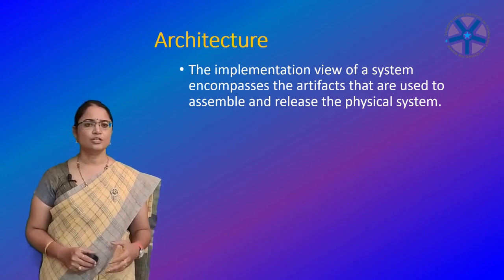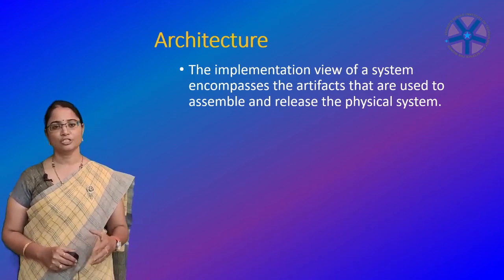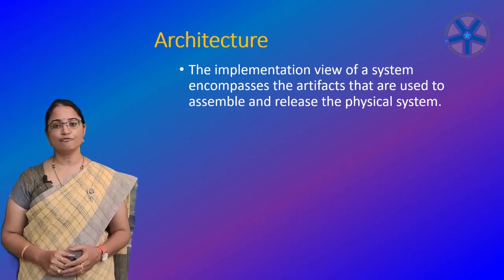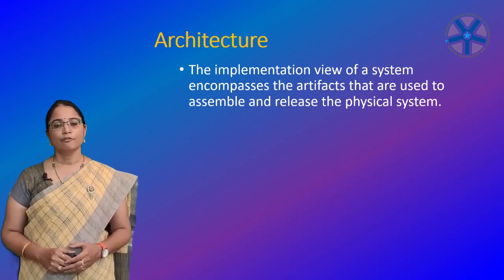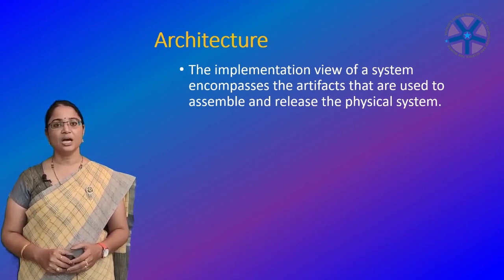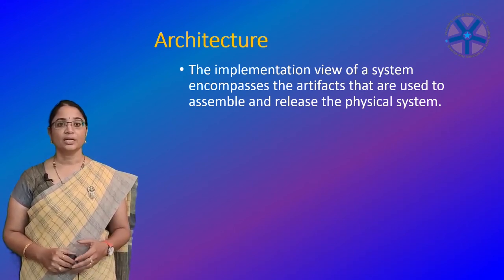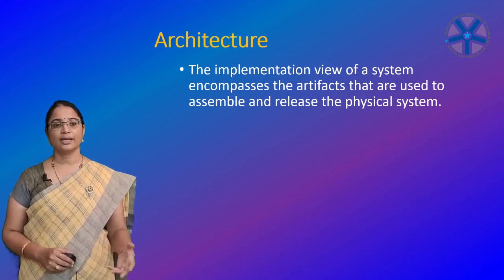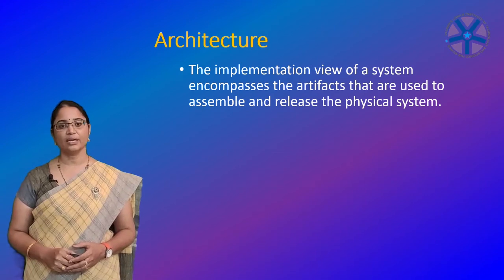It is also concerned with the mapping from logical classes and components to physical artifacts. With the UML, the static aspects of this view are captured in the artifact diagrams. The dynamic aspects of this view are captured in interaction diagrams like the state chart diagram and activity diagram.